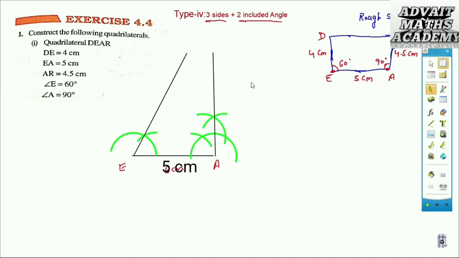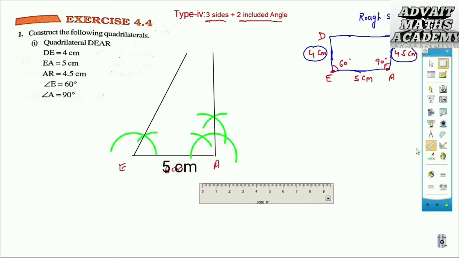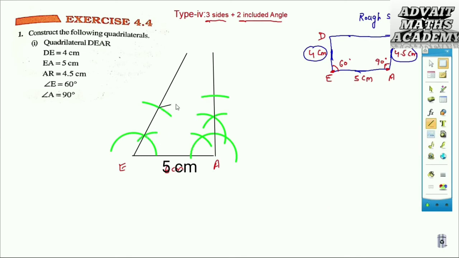Then take a distance of 4 centimeter in your compass and make the arc from E. Similarly, take the distance 4.5 in your compass and make the arc from A. Then draw the line joining these 2 intersections.